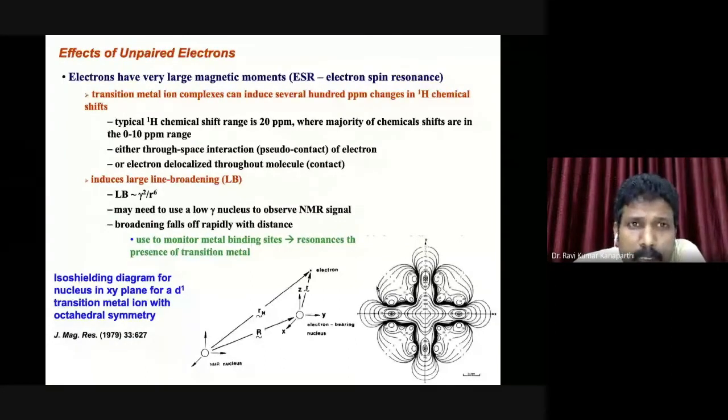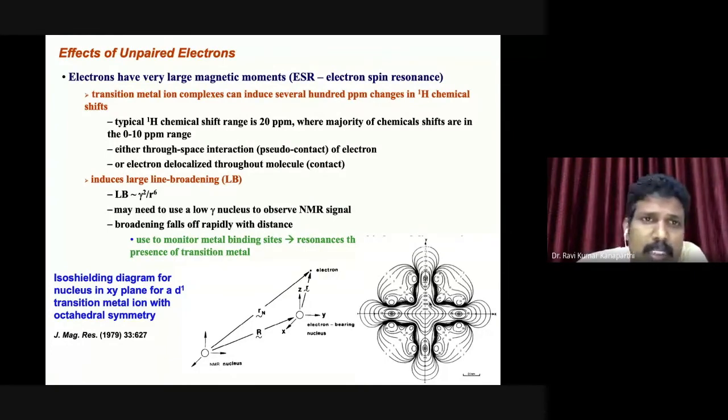Right. Similarly, the electron pairs. Normally NMR is not suitable for paramagnetic compounds. This is primarily because of the dipole-dipole interactions. Especially the 3D transition metal complexes, there are many compounds that show paramagnetism. For such compounds NMR is normally not suitable. Why?